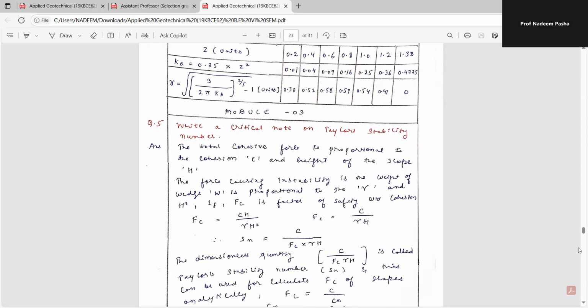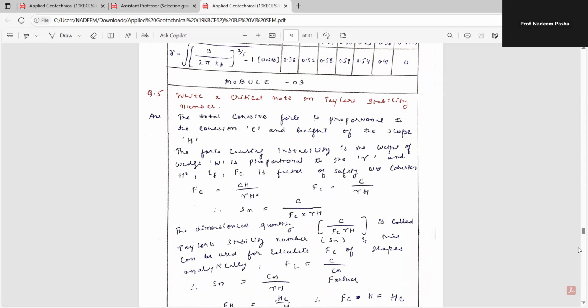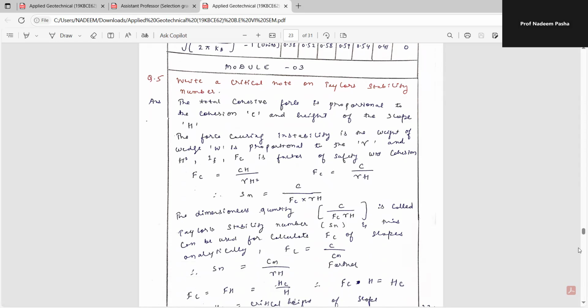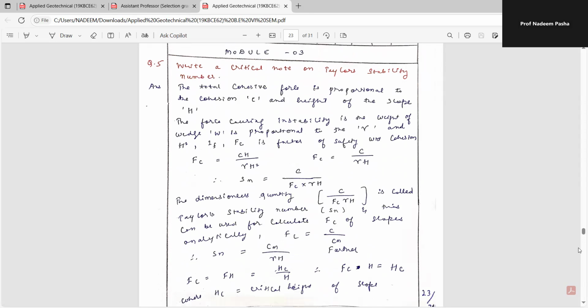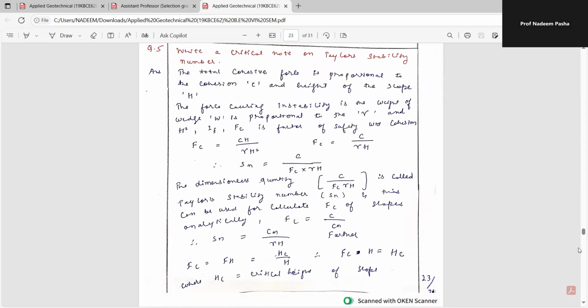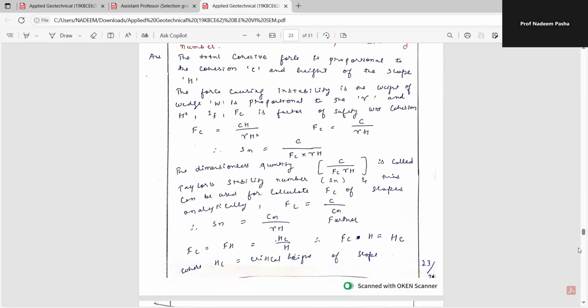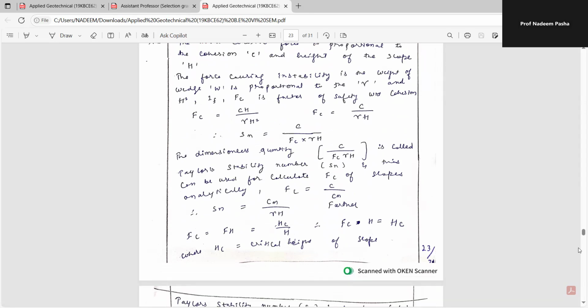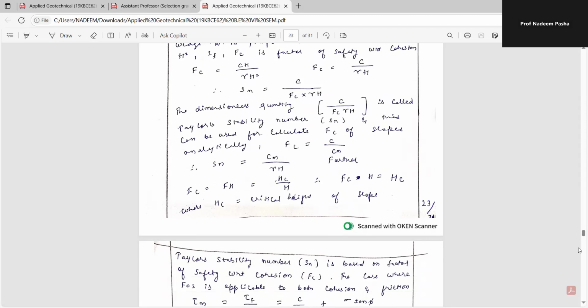So Fc equal to CH by gamma H square, Fc equal to C by gamma H. Therefore, Sn is equal to C by Fc into gamma H. The dimensionless quantity C by Fc into gamma H is called Taylor's stability number, Sn, and this can be calculated from Fc itself analytically. Fc is equal to C by Cm, therefore Sn is equal to Cm by gamma H. Further, Fc equal to 1 when H equal to Hc, or Fc by H equal to Hc, where Hc is the critical depth of slope.